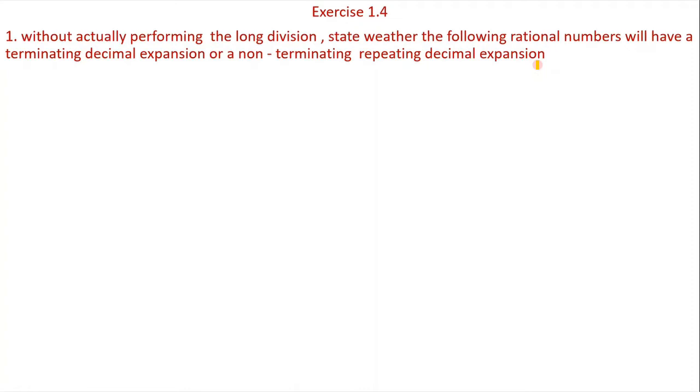Then, for q, we calculate the prime factors. If the prime factors are in the form of 2 power n into 5 power m, then we say that it has a terminating decimal expansion. If the prime factors for q are not in the form of 2 power n into 5 power m, then we say that it has a non-terminating repeating decimal expansion.